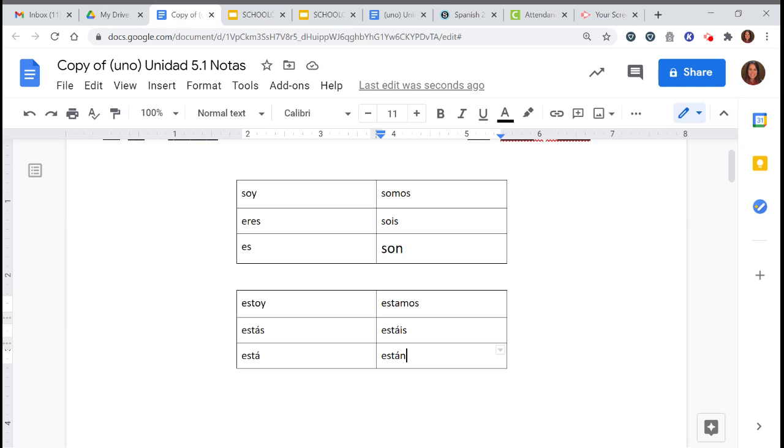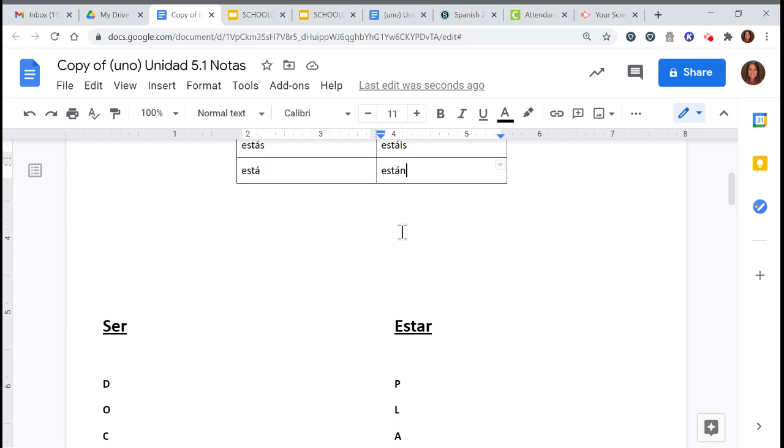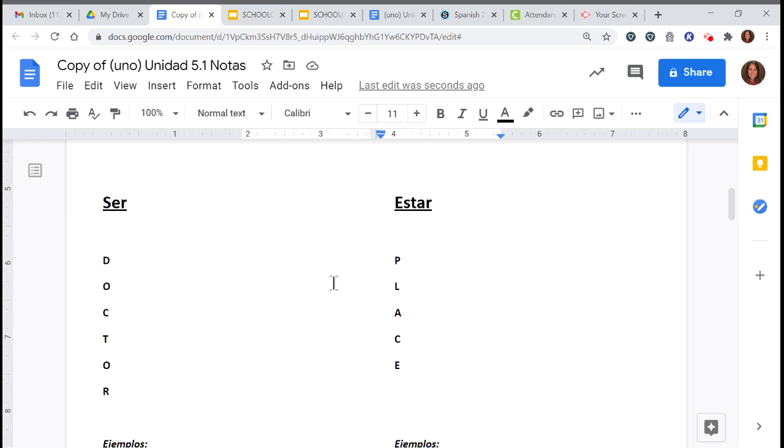We just need to choose now. If I want to say I am, since I have two options with soy or estoy, it depends on what I'm trying to say in Spanish, and that will let me know which form of the verb I need to use.